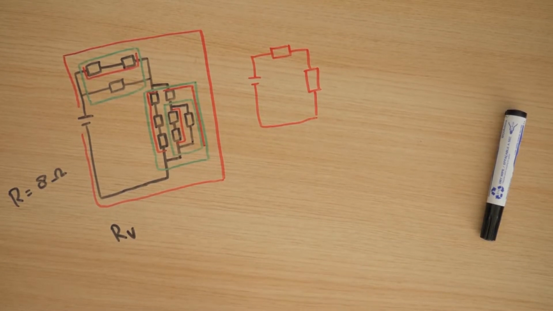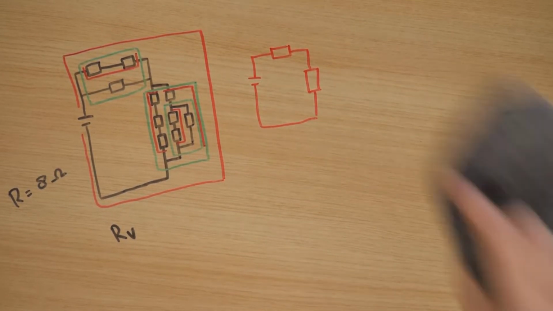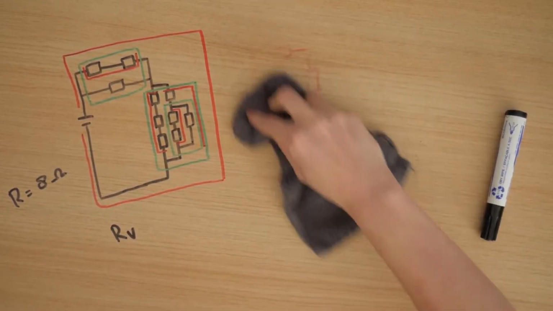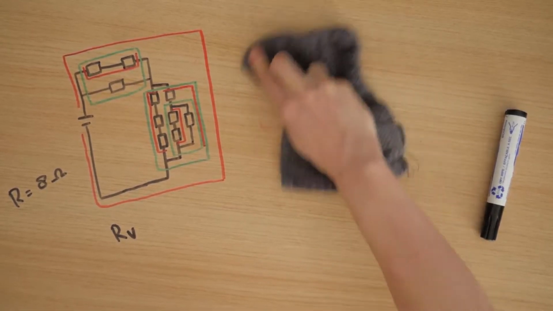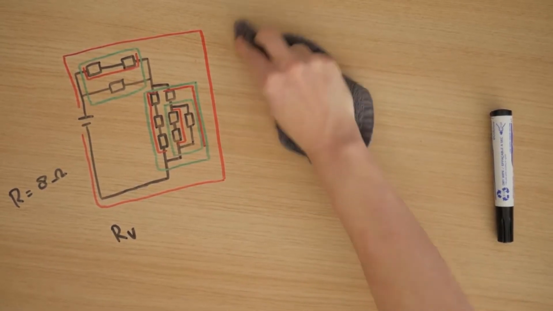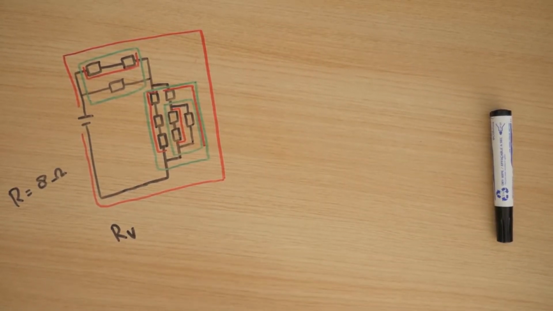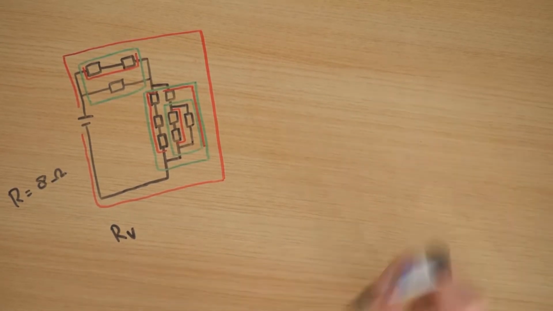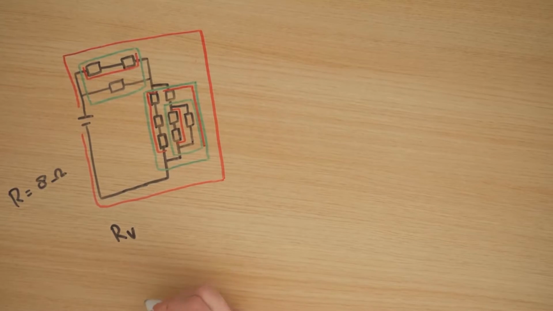Now, we got to do that mathematically. So let me get my cleaning cloth thing. It's not perfect. Okay, there we go. We got to do this mathematically, and we know the two equations, hopefully.